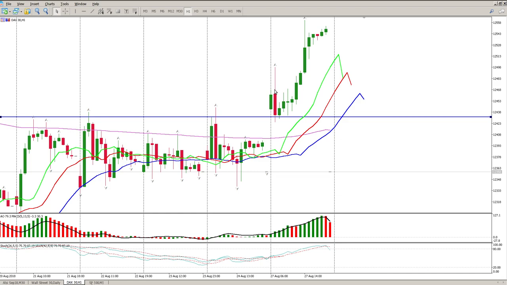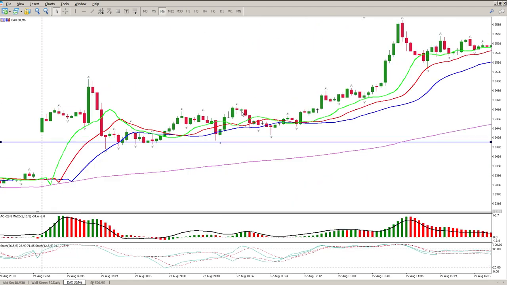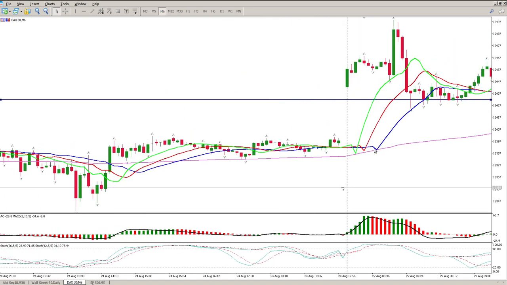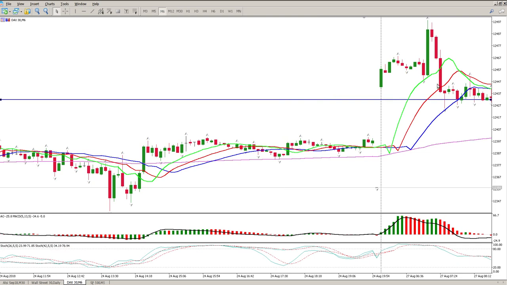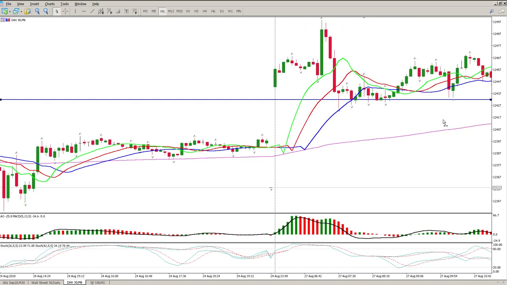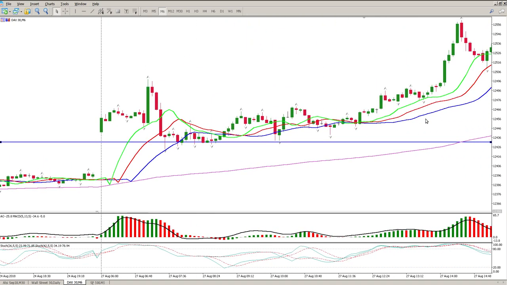Always easy after the fact, but when you're looking at it in real time with nothing happening on the left-hand side here, you would have said, well, we're below the alligator. We've had divergences, so good chance that we're moving to the downside. But you can see, as time went on, it was incorrect. We were moving up.